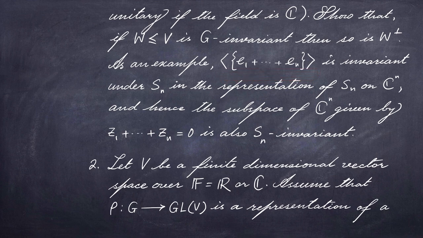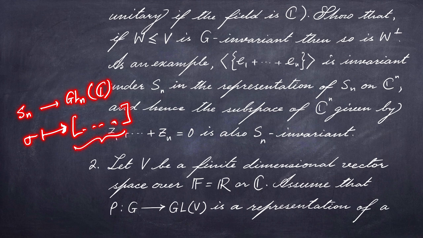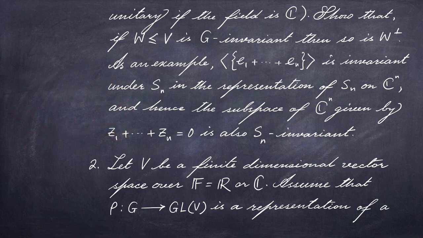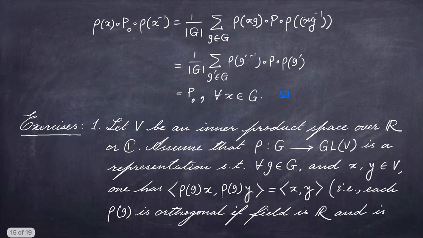And in this representation, corresponding to each sigma, the matrix is nothing but a permutation of the columns of the identity matrix. Hence, it's already unitary. Since all these matrices are unitary, the inner products are preserved.